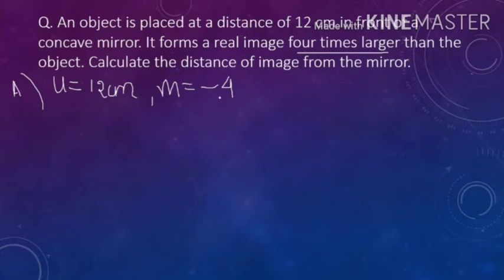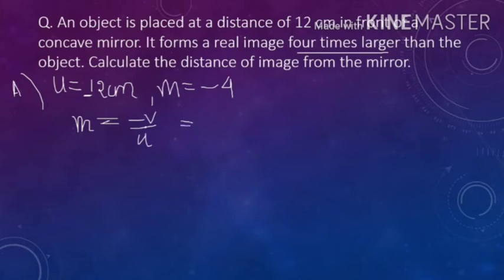And we have to calculate the distance of the image from the mirror. So let's put the formula: m equals minus v by u. Here u will be minus 12, as it is the object distance. So let's substitute these values.